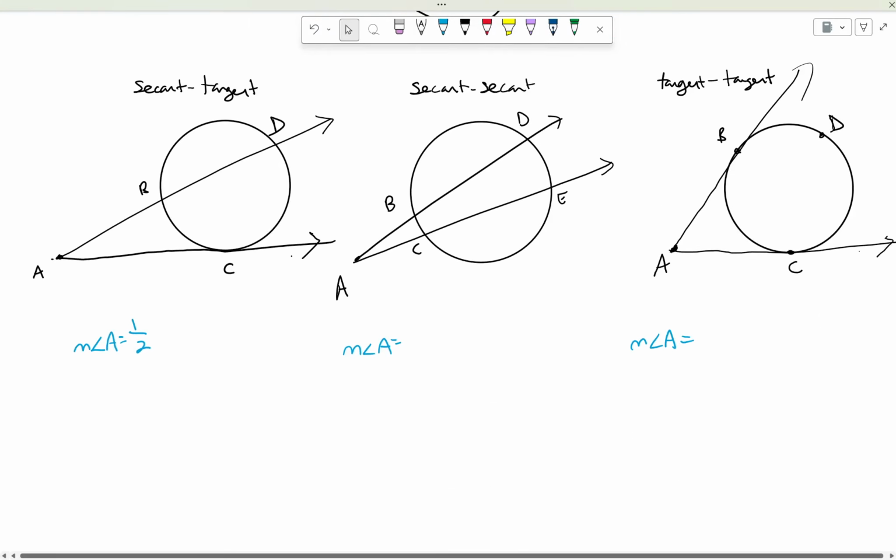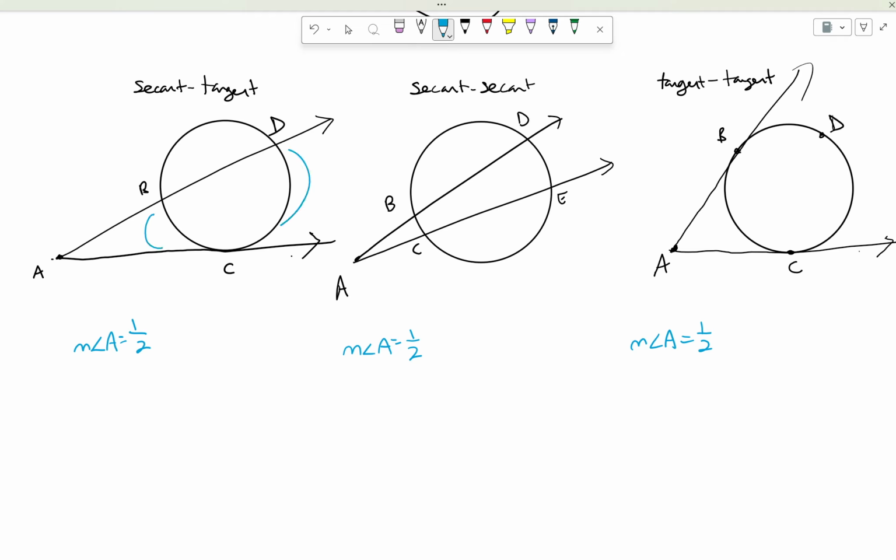So these secant tangent, and tangent, it's always going to be 1/2, 1/2, 1/2. And then it's going to be the difference of 2 arcs, the arc outside and then the arc inside. So the furthest to the closest. So it's going to be 1/2 the difference of the measure of arc DC minus the measure of arc BC. Furthest to closest.